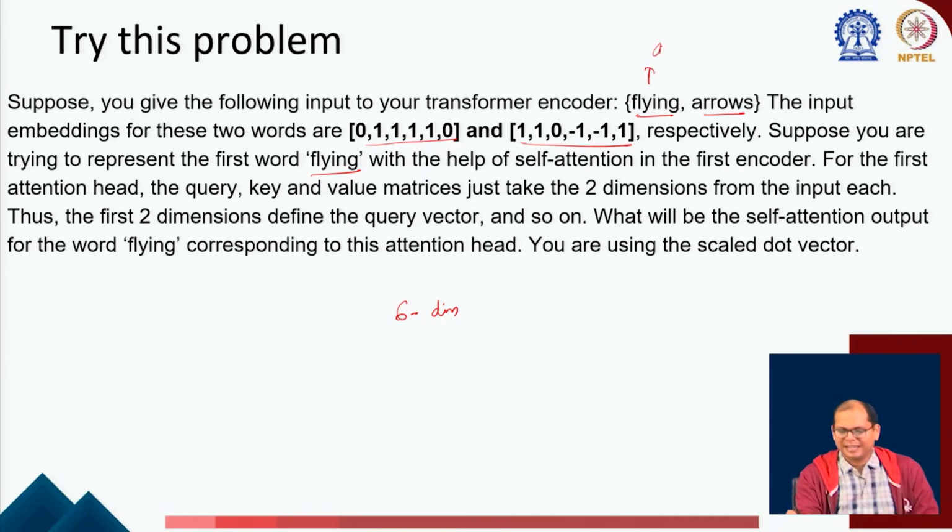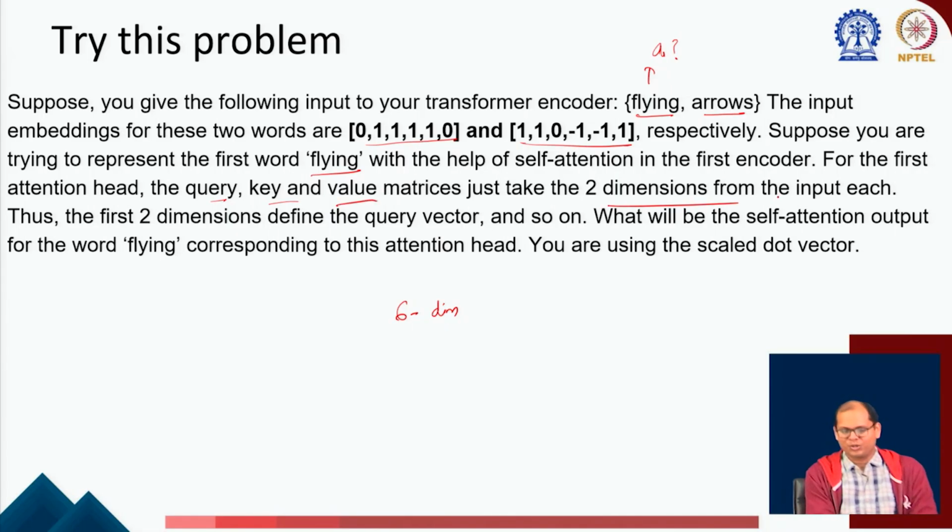So, what is A1? How do you do that? You need to know what the projection matrices are so that I can get the query, key and value for each. In this toy problem, it is simplified for you. It is mentioned that for the first attention head, the query, key and value just take 2 dimensions from the input each.